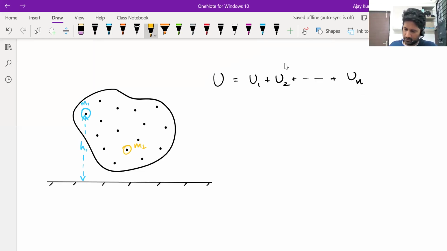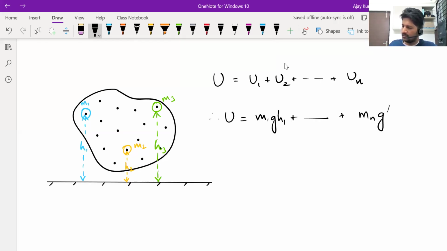Assume its mass is m2 and its height above the reference level is h2. Another mass m3 at height h3 and so on. Infinite particles could be at infinite different heights. Therefore, the total potential energy of this system becomes m1gh1 plus m2gh2 so on up to mngHn, height of the nth particle.